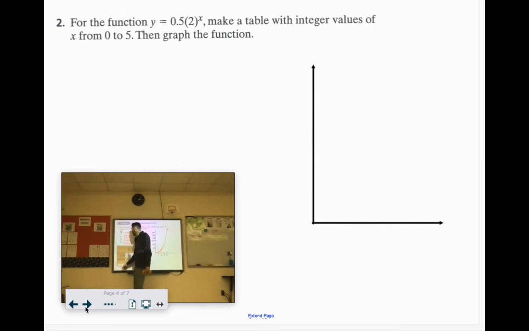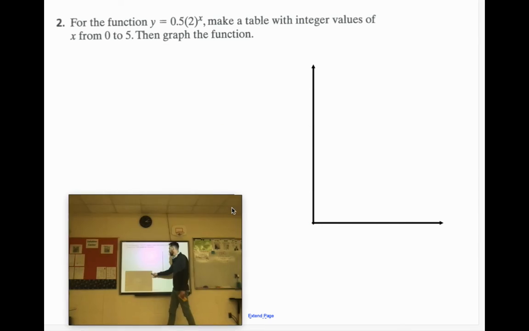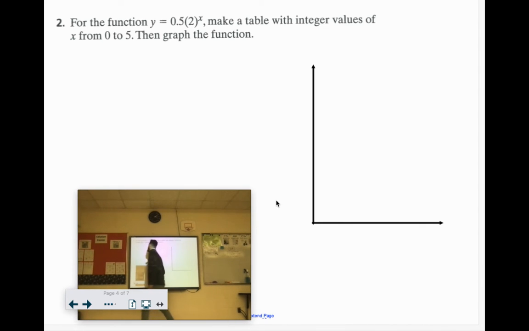All right, now I got one for you to try. They want to do 0 through 5. So try it out and then check back in.